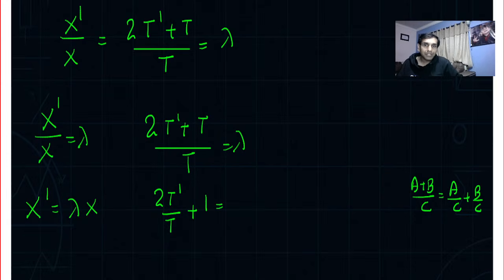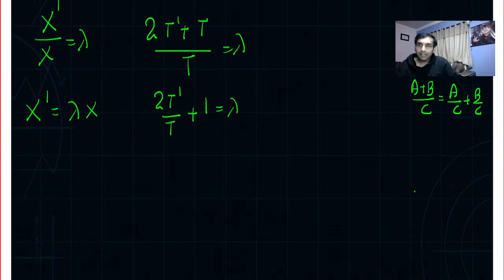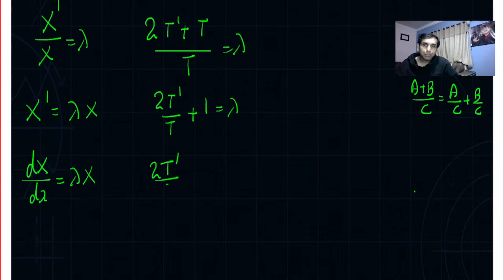So this will become plus 1 equal to lambda, and that means dx by dt is equal to lambda into x, and here we will get 2t dash by t is equal to lambda minus 1. That means t dash by t is equal to half into (lambda minus 1).